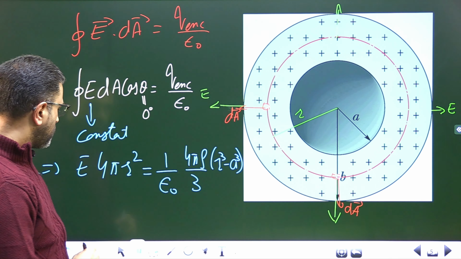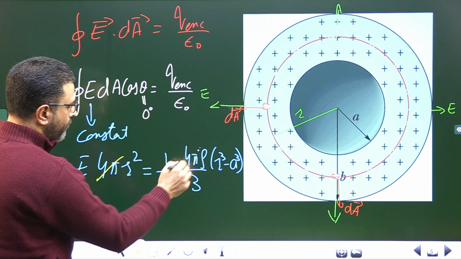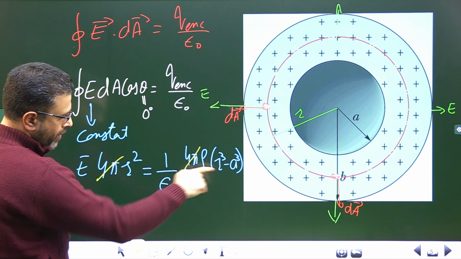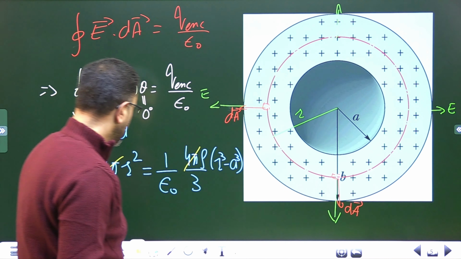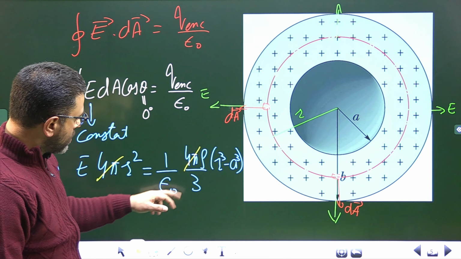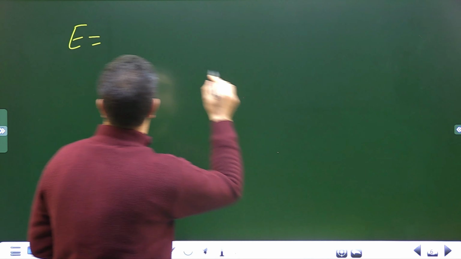The 4 pi and 4 pi cancel out. So E r squared, we take r squared downstairs. So E is equal to rho divided by 3 epsilon 0.